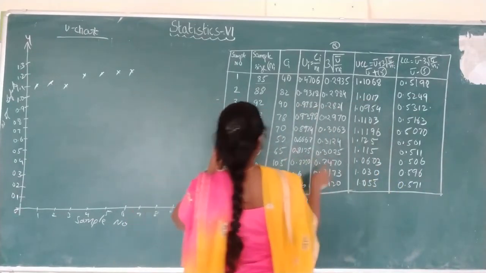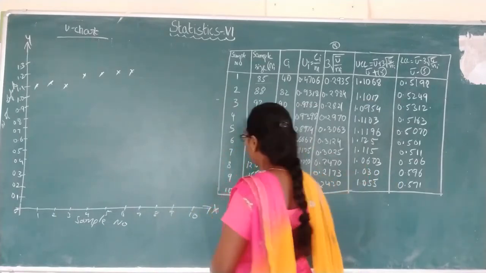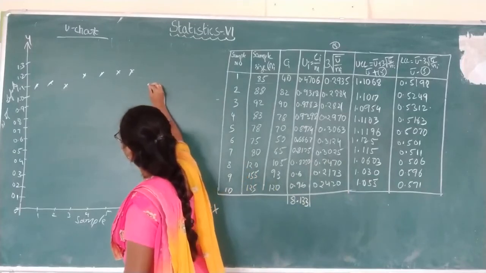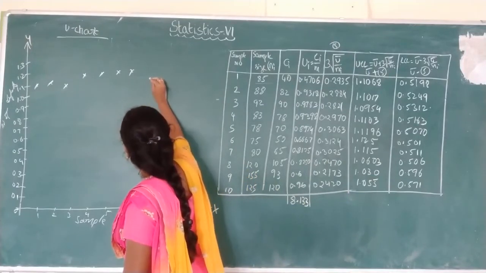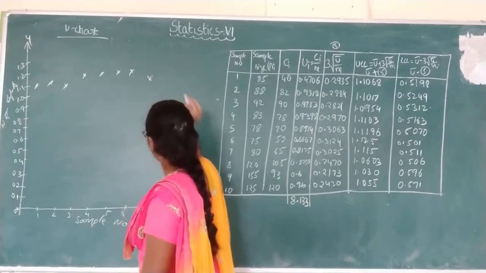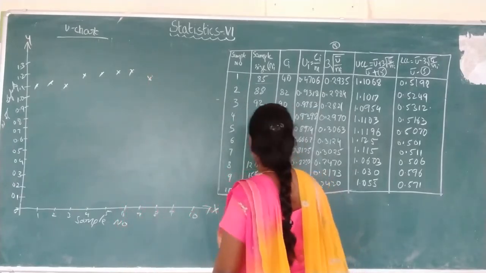Eighth sample is 1.06, in between 1.1 and 1.0. Ninth sample 1.0.